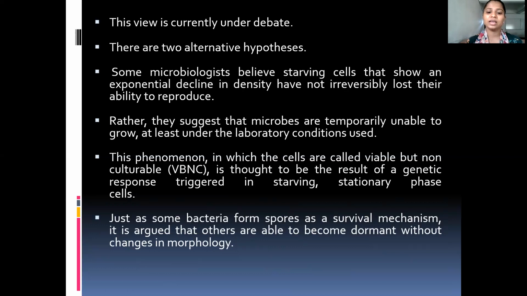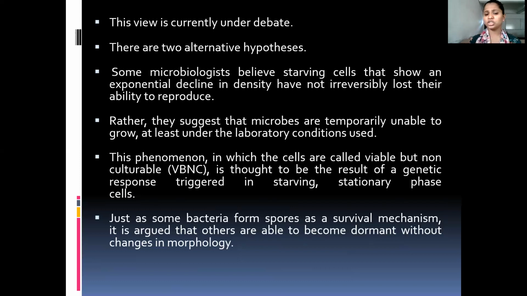This phenomenon, in which the cells are called viable but not culturable, abbreviated VBNC, is thought to be the result of a genetic response triggered in the starving stationary phase cells.